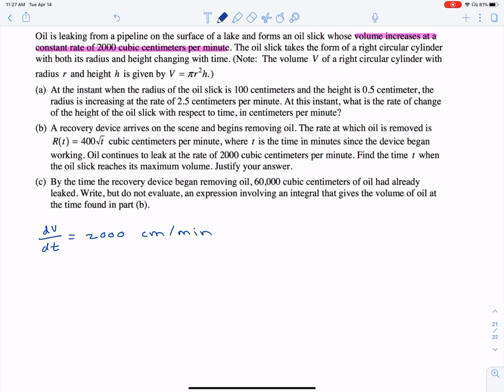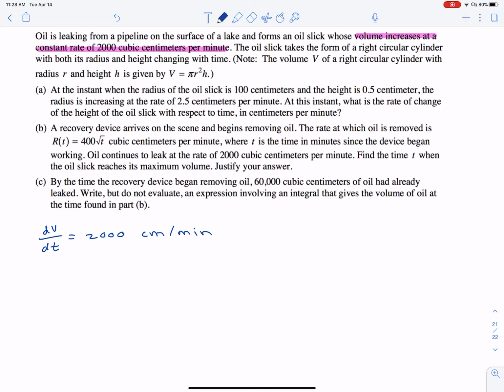The oil slick takes on the form of a right circular cylinder with both its radius and height changing with time. Huh, that's kind of interesting. Think of a garbage can that's increasing in both radius and height.